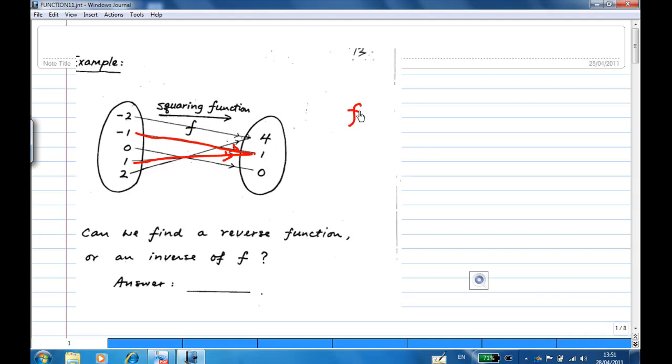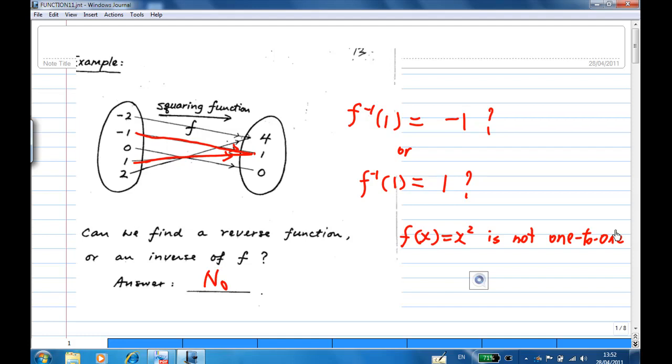So f inverse sends 1 to -1, or f inverse sends 1 to 1. We cannot decide. There's no way we can tell how to go back. So this function has no inverse. So if a function is not 1 to 1, it has no inverse. Just like in this case.